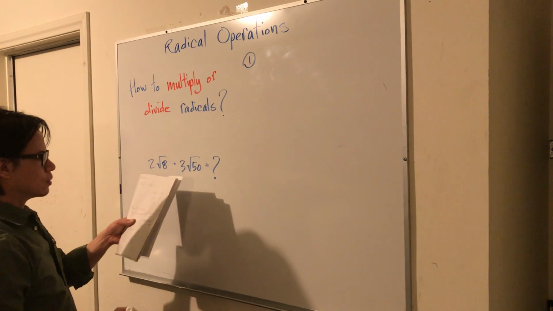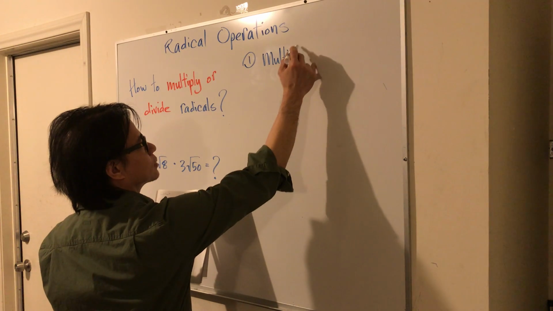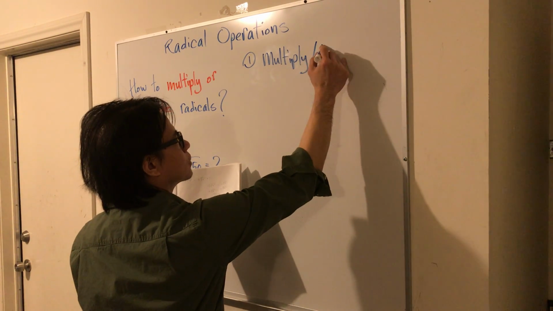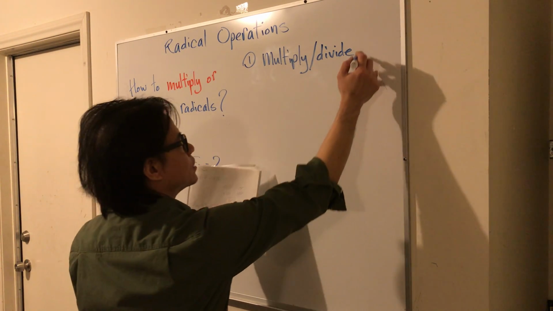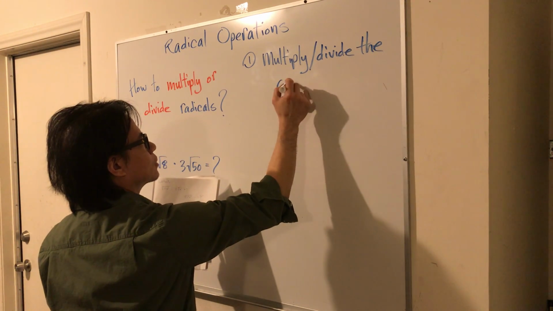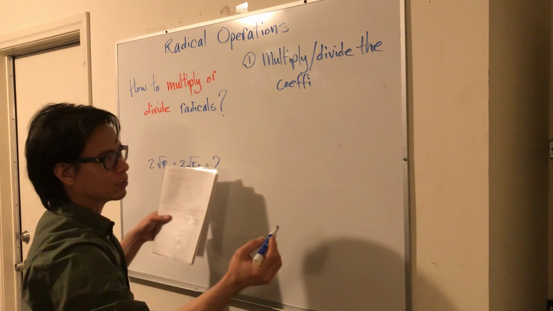Step 1, you're going to multiply or divide the coefficients. Remember, a coefficient is the number in front of the radical.